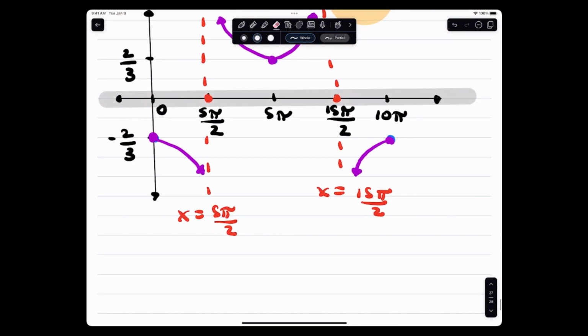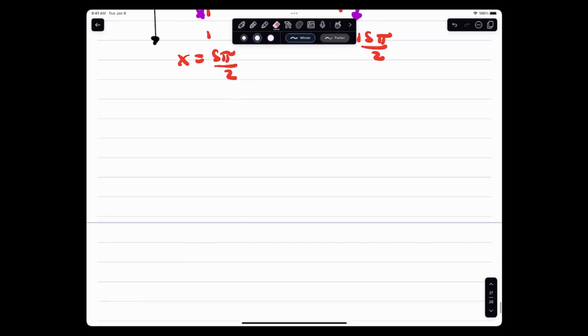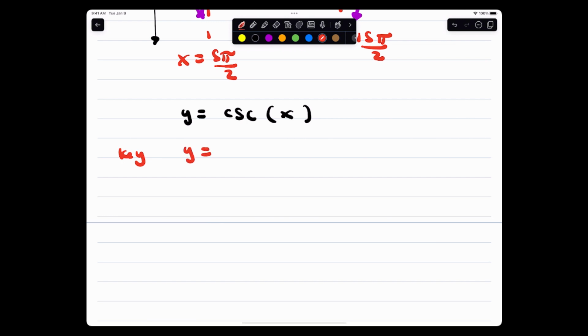Now, I want you guys to know the same process happens if you graph now what? What if I have to graph cosecant? What's the cosecant curve look like? Well, that one has the key because what's the reciprocal of cosecant?